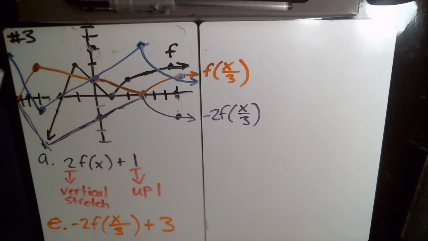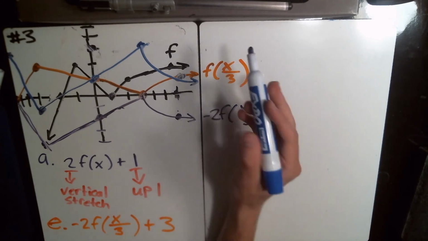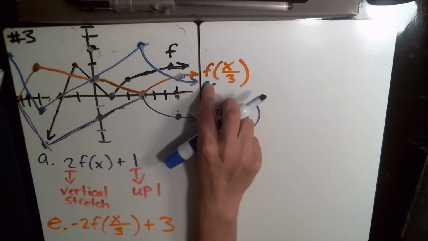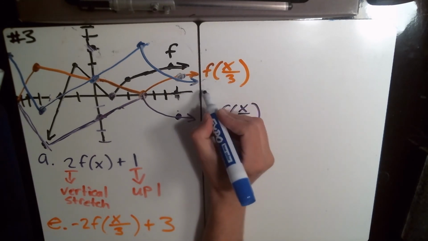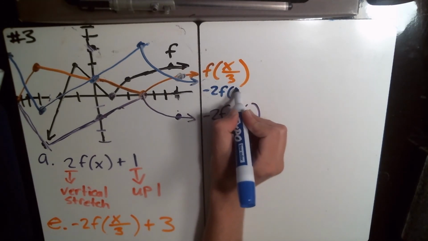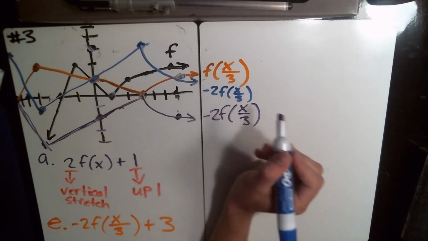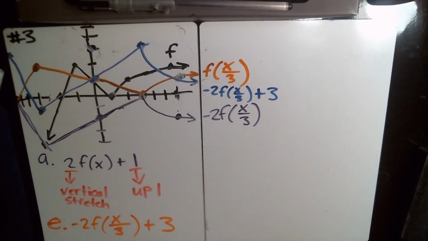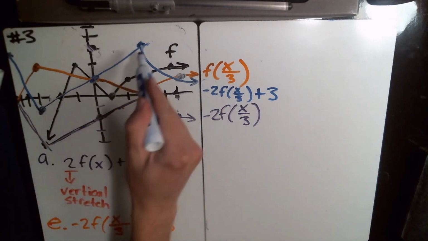So there's our graph. This blue one is our final answer. Negative 2 f of x, sorry, negative 2 f of x divided by 3, and then plus 3. That would be our graph.